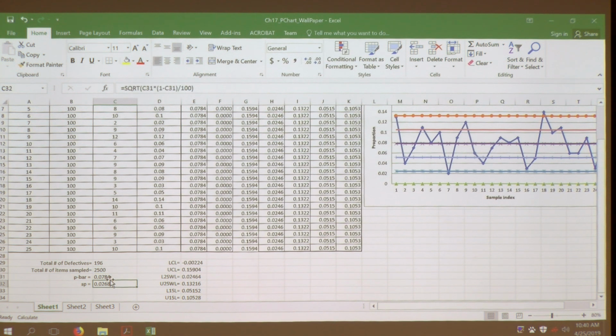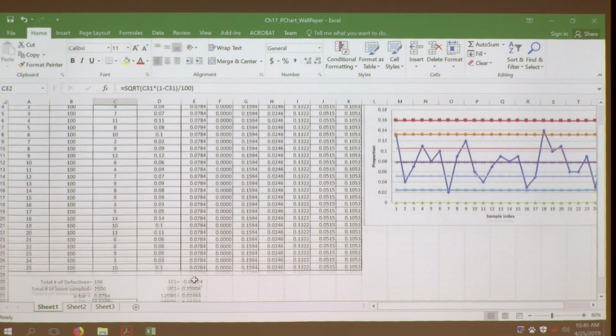Then we get P bar. You see P bar is C29, this 196 divided by 2,500. And then SP equals the square root of P bar times 1 minus P bar divided by 100.